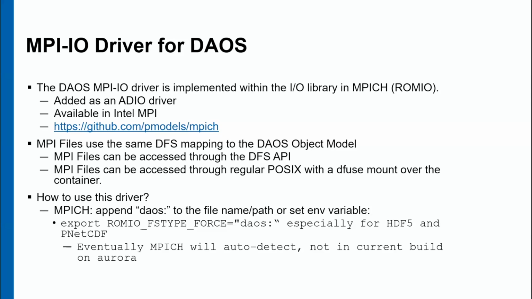And that's especially useful if you're using HDF5 and PnetCDF with MPI-IO as a backend. You might not be able to set the file name explicitly, so you can use this force instead. There has been some work in ROMIO or MPICH MPI-IO to auto detect DAOS, so you won't have to do this anymore, but that's not currently in our build on Aurora. Once that gets there, you will no longer have to do this, but until then you will.